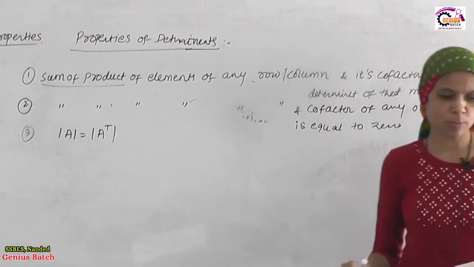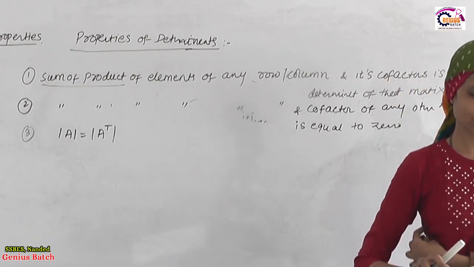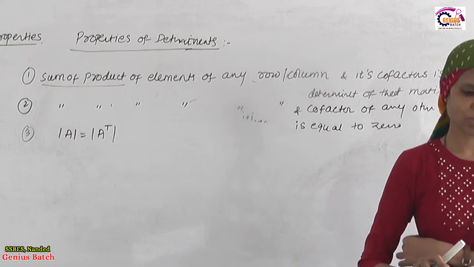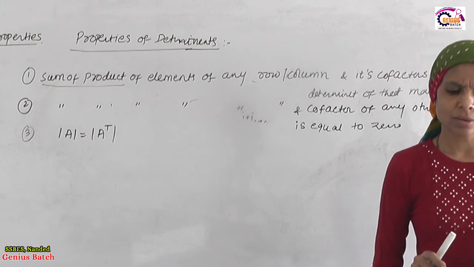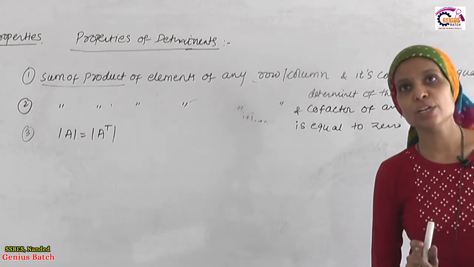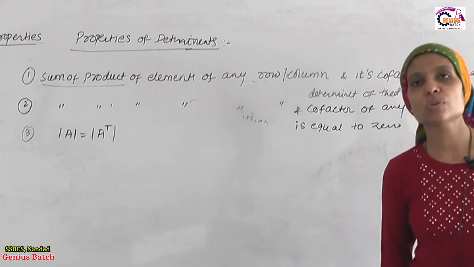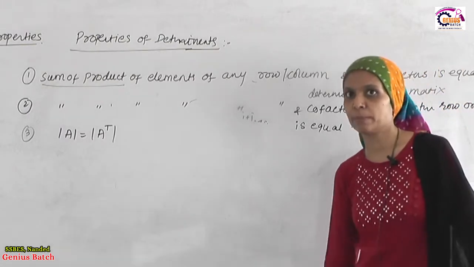Okay, next property. If Aij is a square matrix of order greater than or equal to 2, then in a matrix obtained by interchanging any two rows or any two columns, the value of the determinant changes by sign.